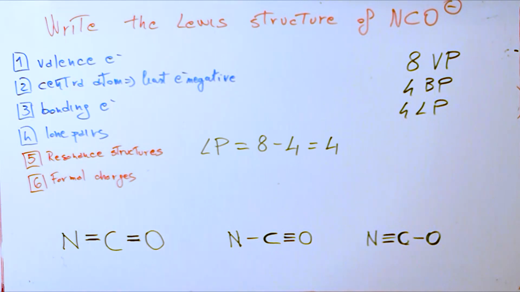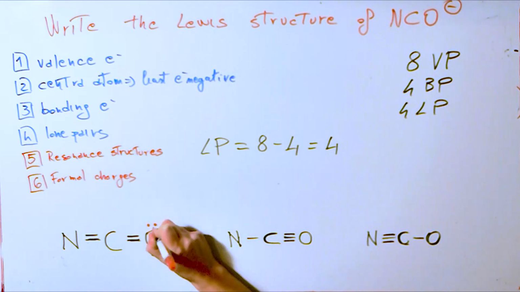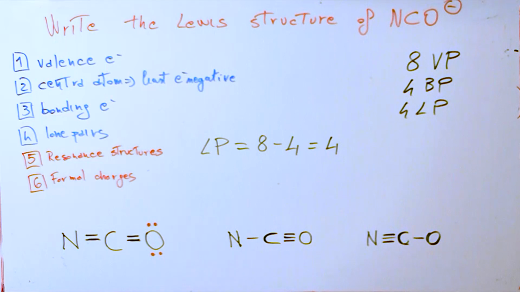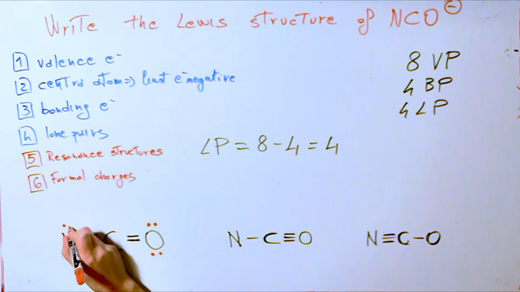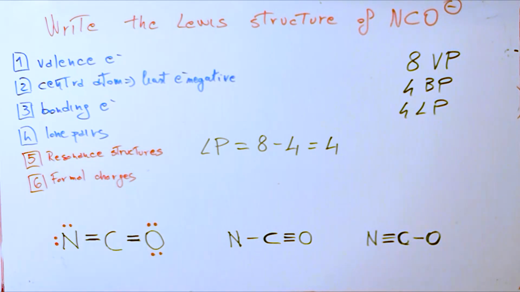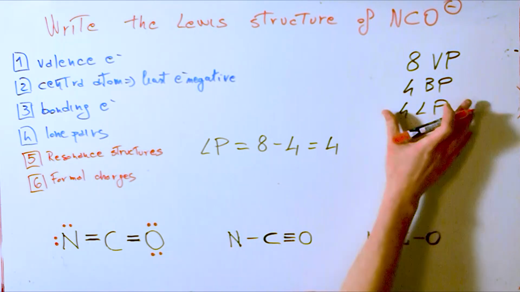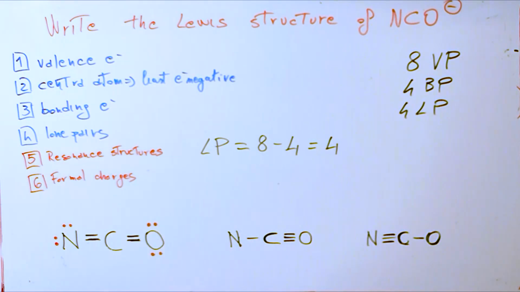Here this oxygen has 4 electrons around it, so it will need 4 more electrons. So 2 lone pairs here. Now this oxygen is stable. Nitrogen also has 4 electrons, so it will need 2 lone pairs. Now all the lone pairs have been placed.